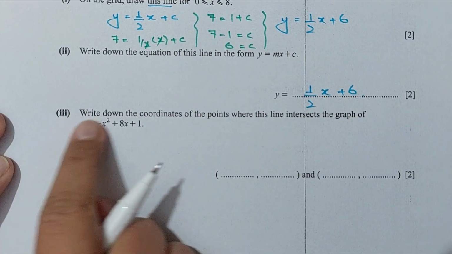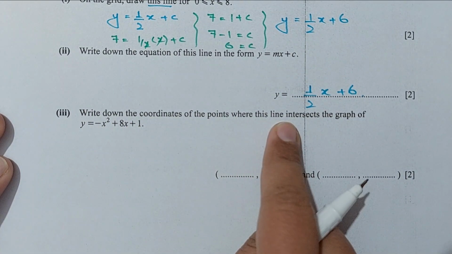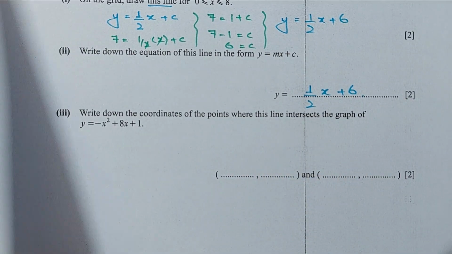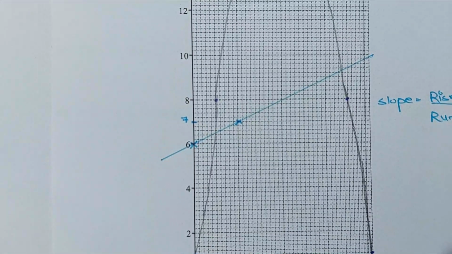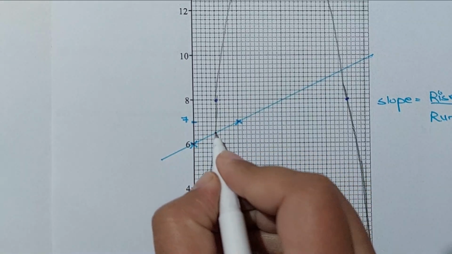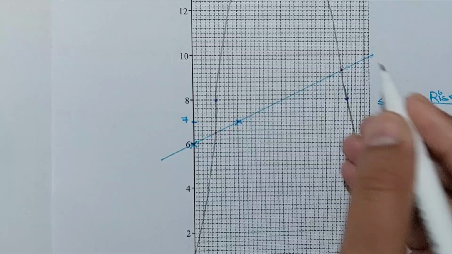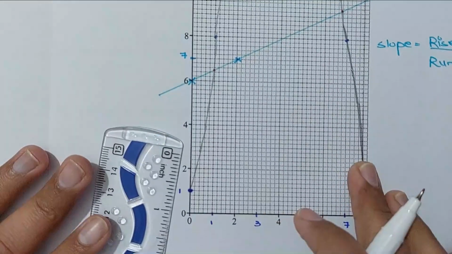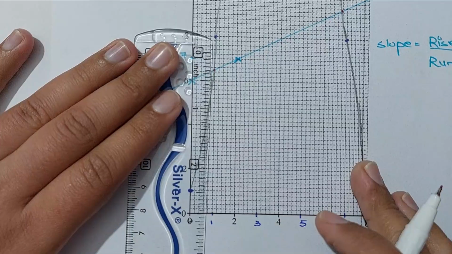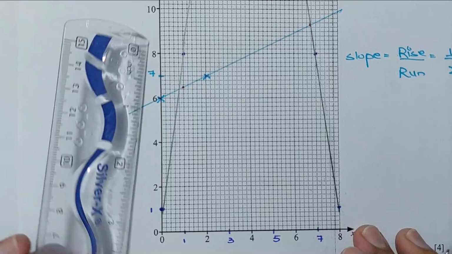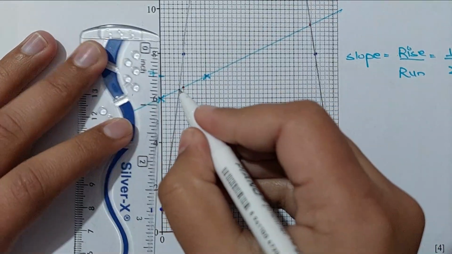Now for part 3, write down the coordinates of the points where the line intersects the graph of this function. The line intersects the graph of the function at 2 points. Let's figure out these 2 points. We have to figure out the coordinates, the x and the y.